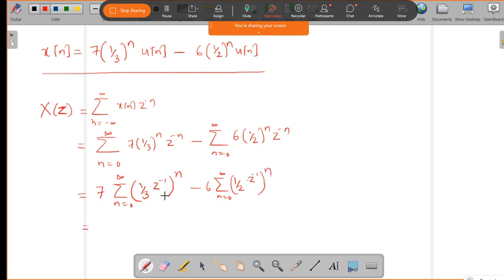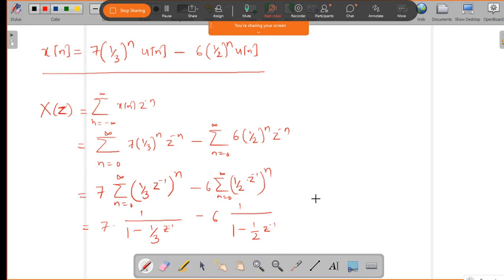So now we can write this as 7 into 1 over 1 minus 1 by 3 into z inverse, minus 6 into 1 over 1 minus half into z inverse.